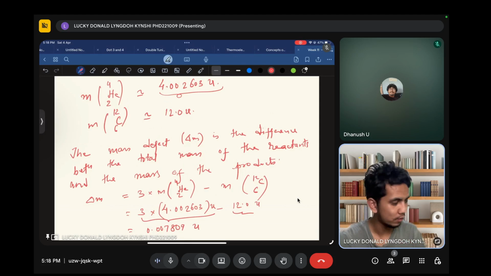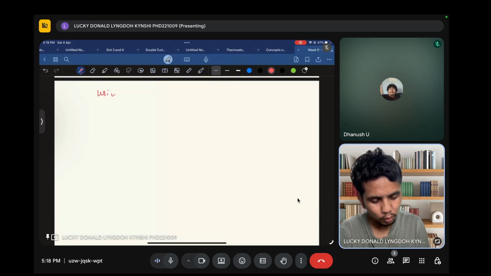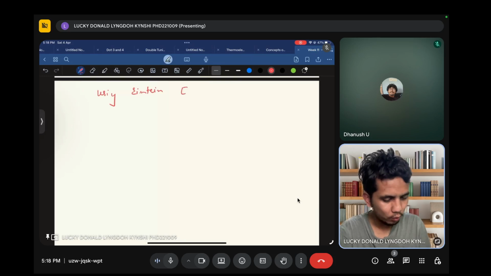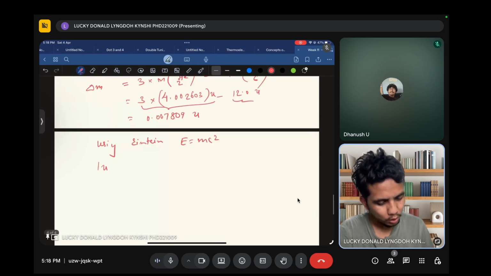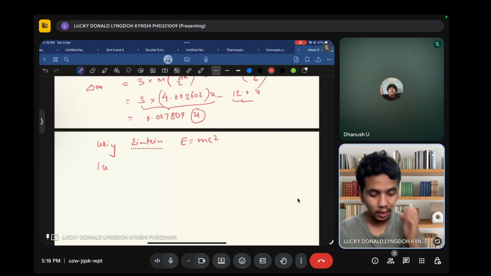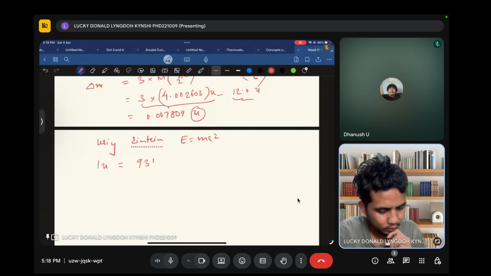This is called the mass defect. And this difference of mass, if you use Einstein, E is equal to mc square, you can do the conversion of 1 U in terms of mass into energy. 1 U is equal to 931.49 MeV per c square.